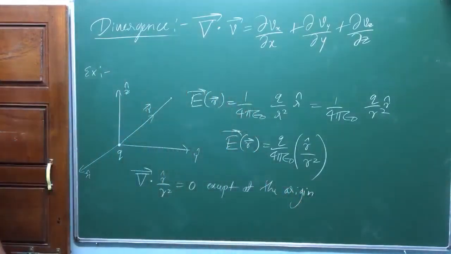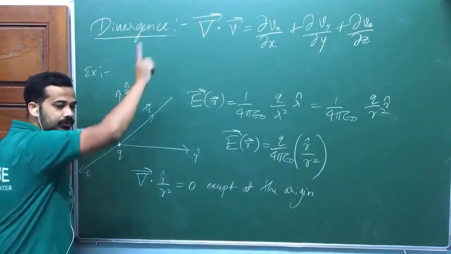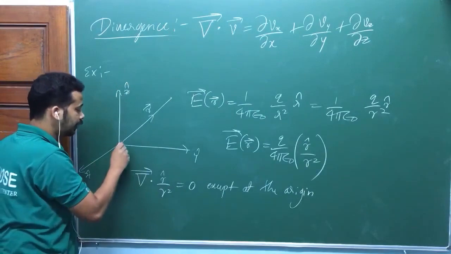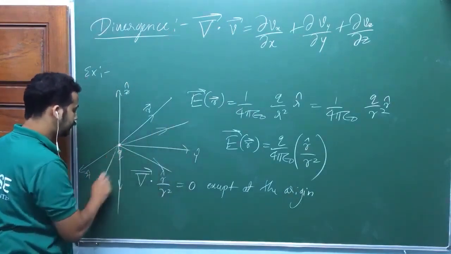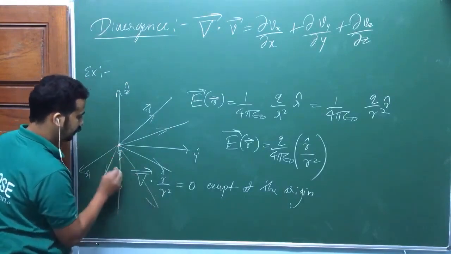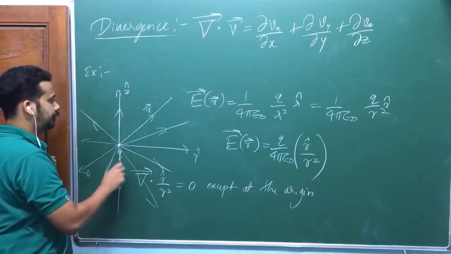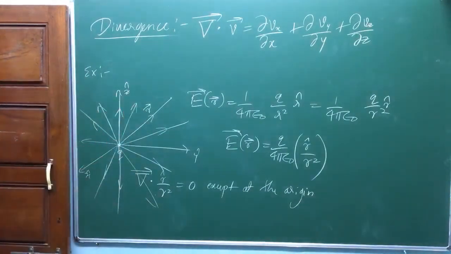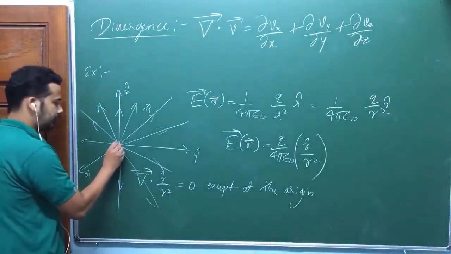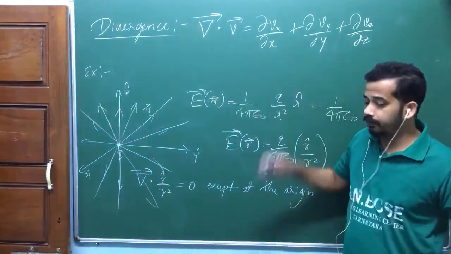Why? Electric field should be generated by this charge and they should end at infinity. That's how we draw, am I right? Due to any positive charge, we draw electric field like this. Is that okay? Electric field will be generated by that point charge. It will end at infinity, isn't it?